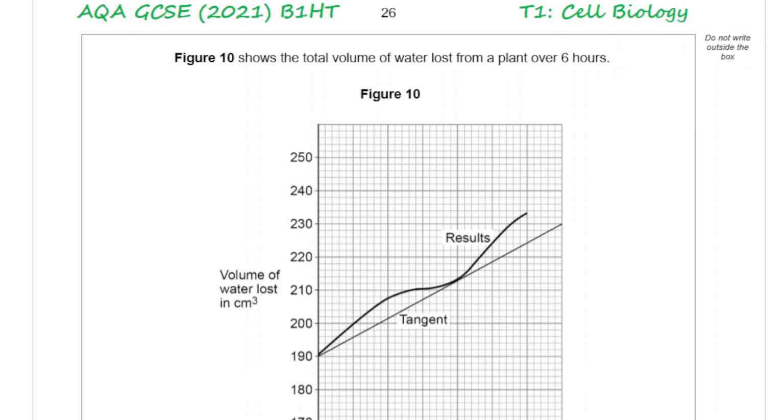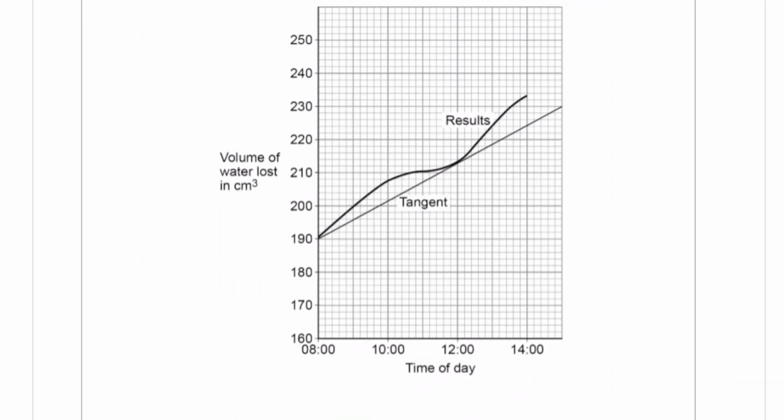Figure 10 shows the total volume of water lost from a plant over 6 hours. So total volume of water lost in the course of the day. In the morning, it increases steadily as a straight line, and then it starts to plateau off by about 10:30, from here till about noon, and then in the afternoon it shoots up again.